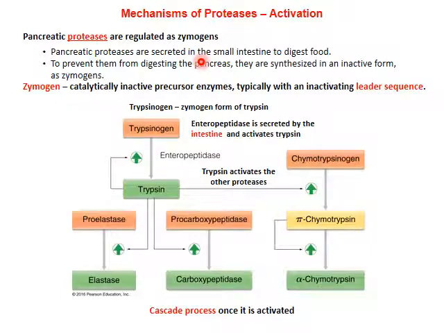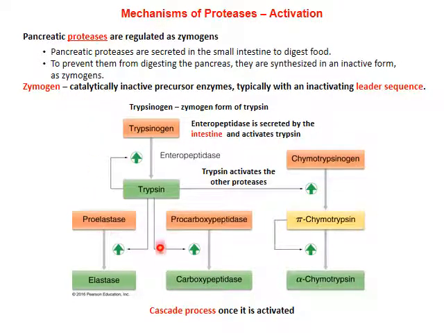Okay, and so these little green areas are showing the activation aspects, and here's trypsin, one of the serine proteases that's involved in a lot of activation of the different enzymes. Okay, and so green is active, and then you can look at the diagram.